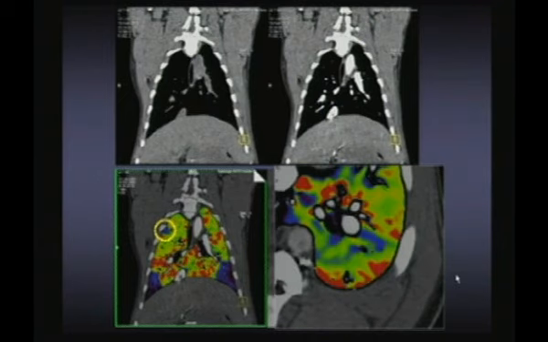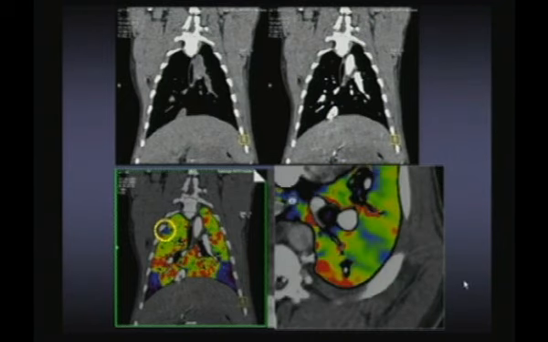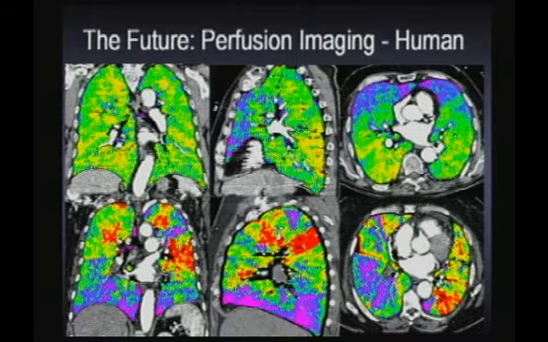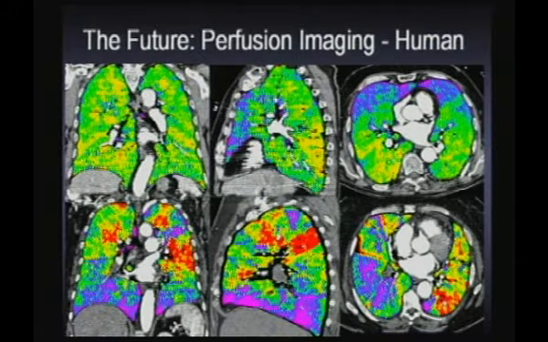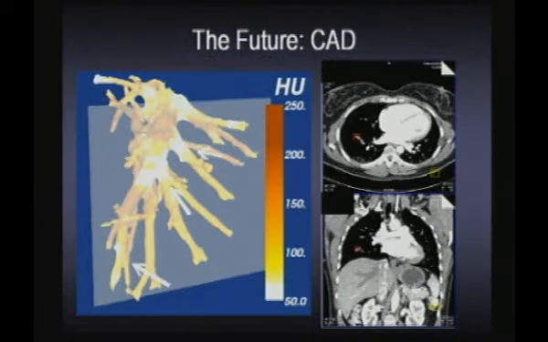And this study that was originally done in a porcine model has now been translated into human models, and we're already getting the first images of human perfusion imaging combined with CT pulmonary angiography. Finally, as we move towards thinner and thinner detectors and more images that we have to interpret in our daily practice, it's clear that computer-aided diagnosis is going to be of great assistance to us in the future. And this model on the left is a 3D rendition of the pulmonary arterial vasculature.